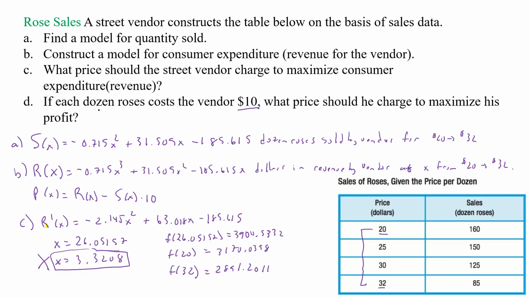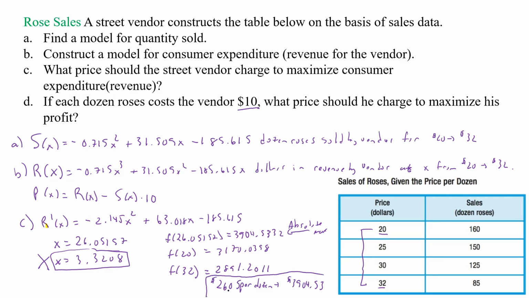And so what price should the street vendor charge to maximize consumer expenditure? Well, the one that makes the most money here. Excuse me. And so that one would be the absolute max. Okay, and so if we converted this to dollars, if they put it at 26.05 per dozen, we would get 3904.53 dollars out.